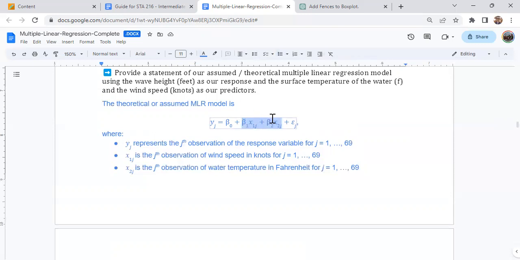Okay, so we always want to do that. And then there's really only one more thing we should update about this, actually. Yeah, what the response variable is. So yj is the jth observation of the wave height in feet.